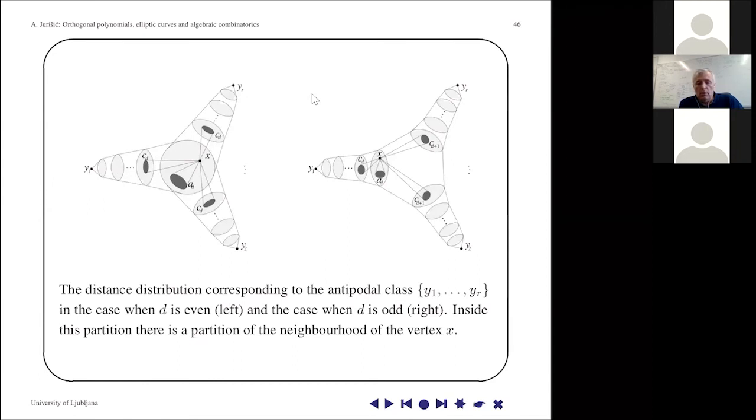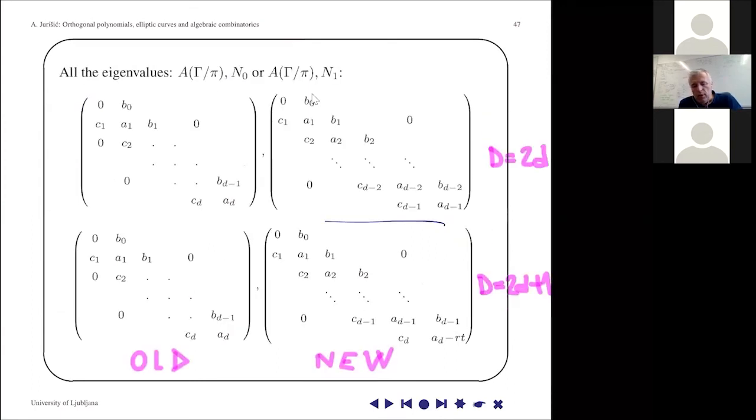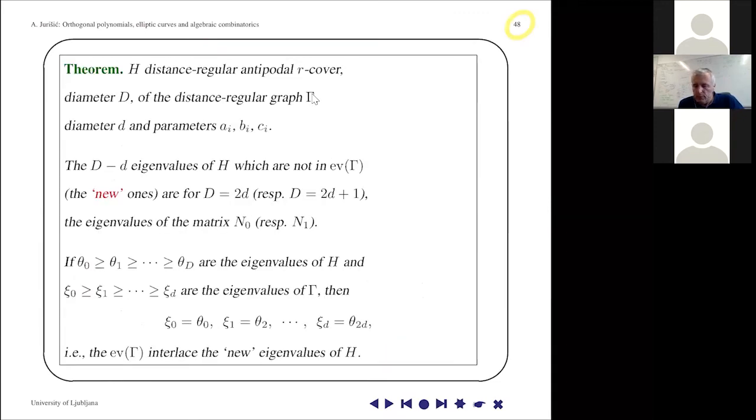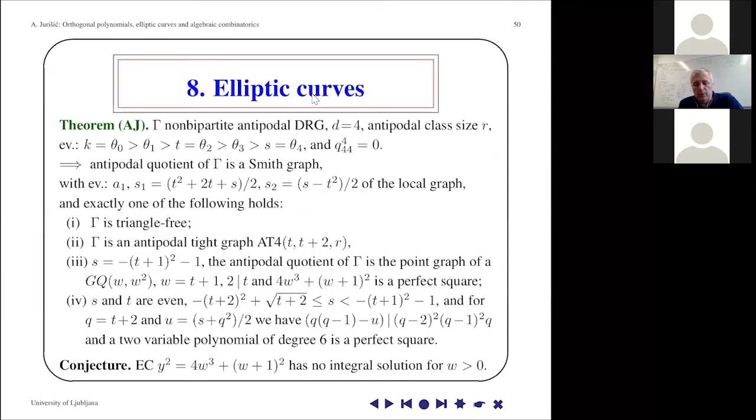Yeah, all this structure comes from how the paths are being lifted. And for every antipodal graph, we have such a picture depending on the size of the fiber. Okay, so I won't dwell on the eigenvalues, but I'll say that once you study these covers, you find many combinatorial objects, like two-graphs, projective and affine planes, Hadamard matrices, Moore graphs, and even more general structures.